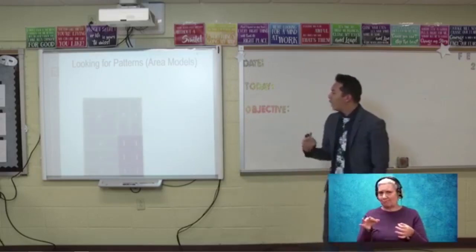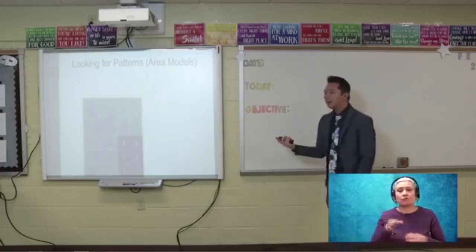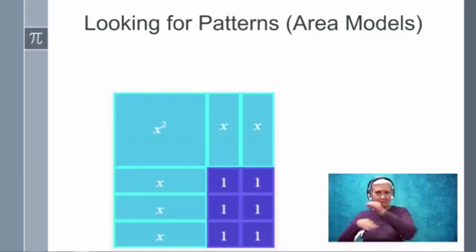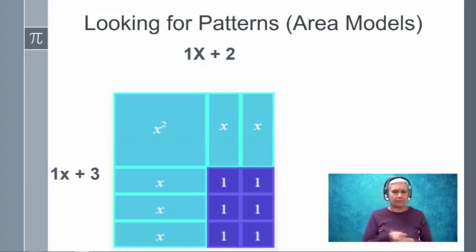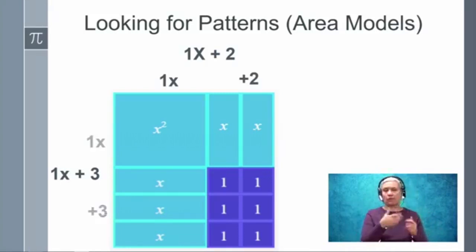So when I replace these values, instead now of having integer numbers, we're looking at variables. On the top, I've got a side length of 1x plus 2. And then on the left-hand side, a side length of 1x plus 3. So using a similar strategy, like we did with 10 plus 2 and 10 plus 3, decomposing them, so 1x plus 2 and 1x plus 3, I'm going to look for the smaller areas within this larger rectangle.